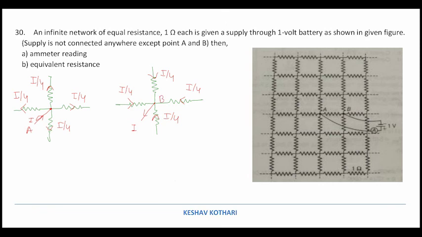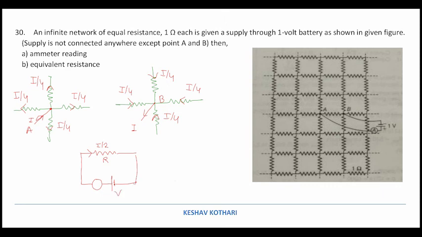Now if we superimpose the AB branch, the current in the branch AB on superimposition will give us a value of I by 2, and the resistance is R between A and B. Now there is an ammeter attached over here with a voltmeter over here.